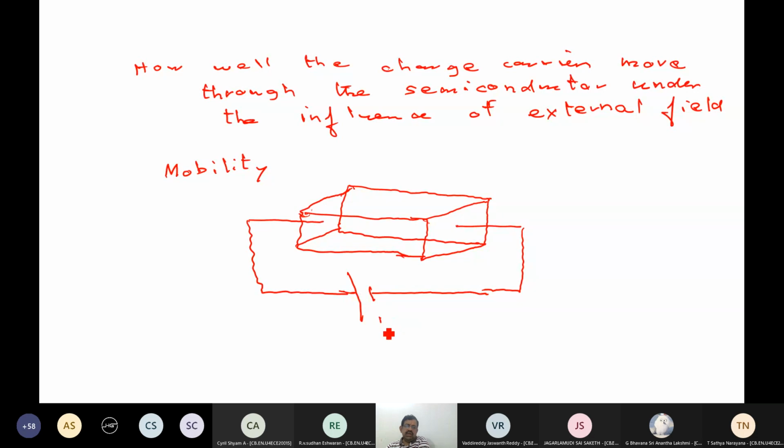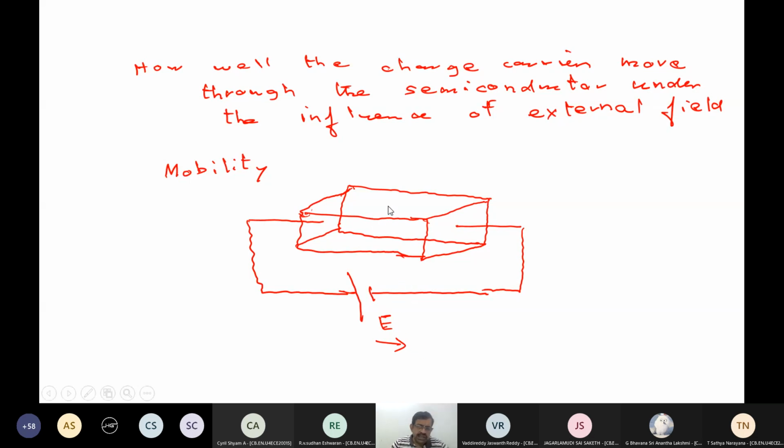So the field E points, always, electric field originates from positive to negative. So the direction of the field is in this direction. Electric field is a vector. You will learn it in the electromagnetics course.